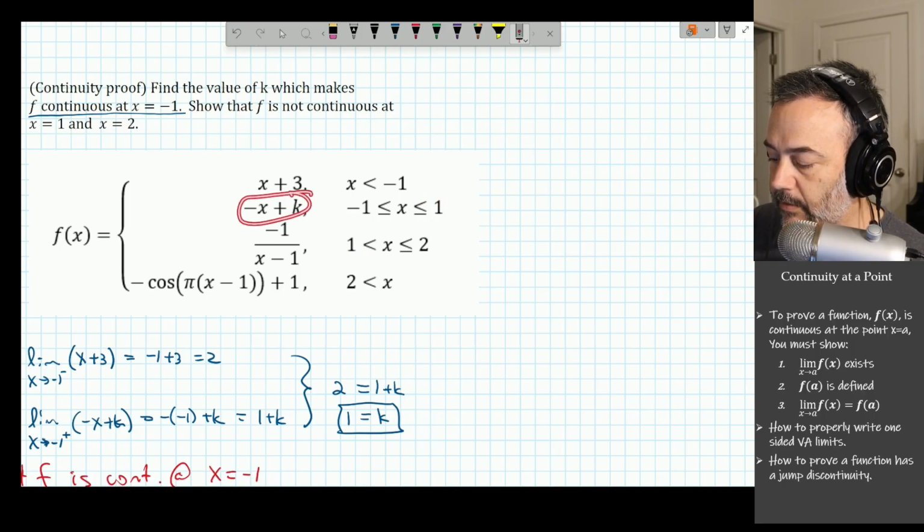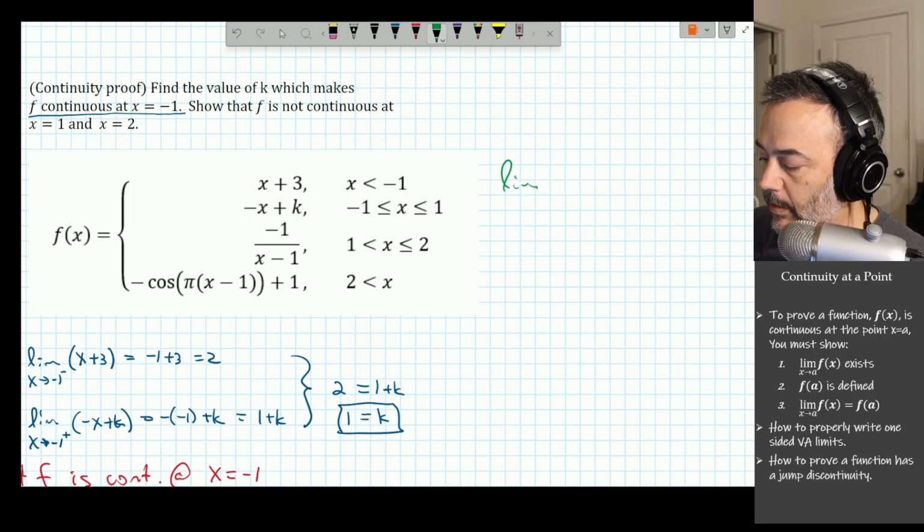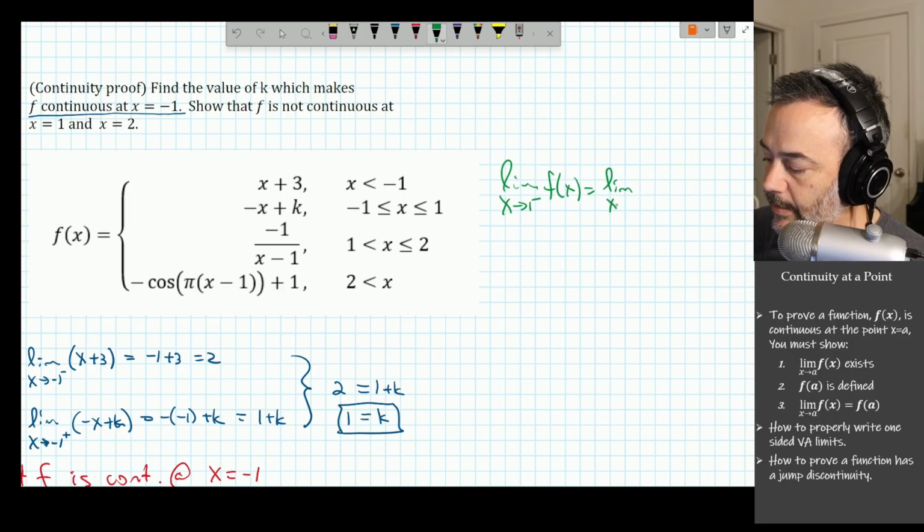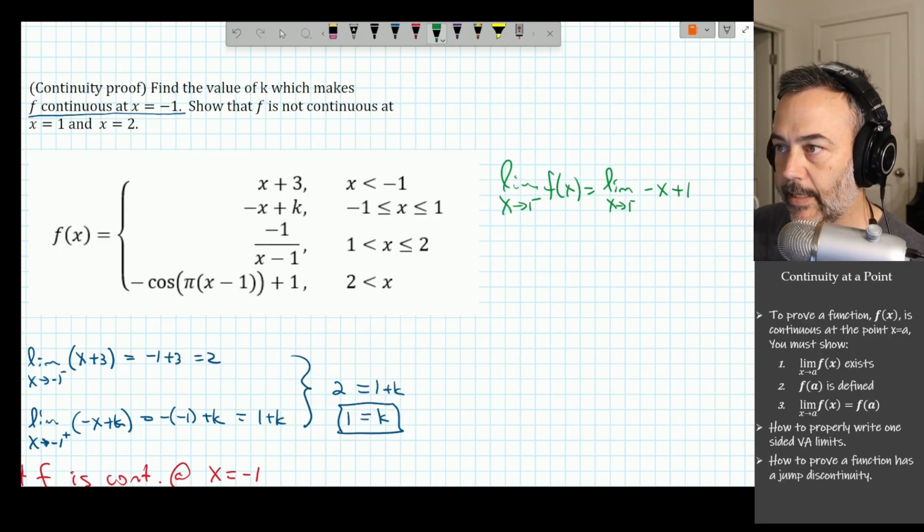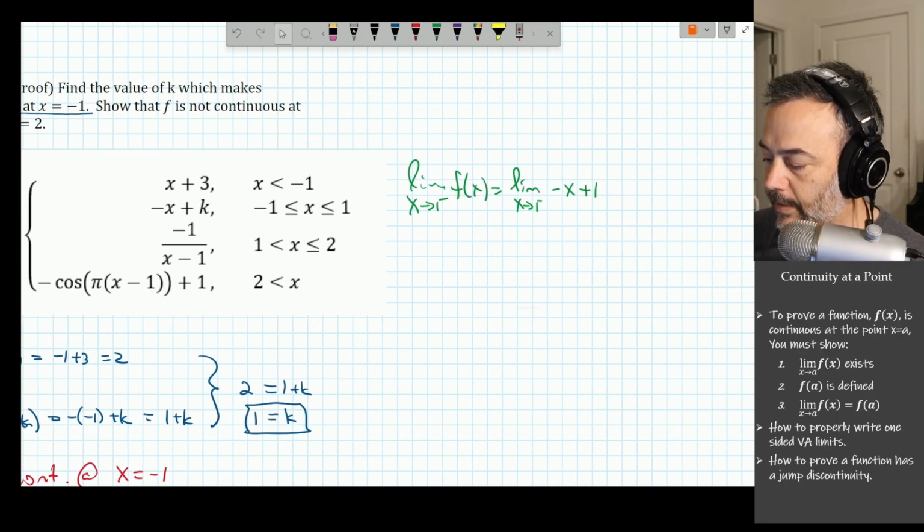So we're looking at this from the left and this from the right. I'll work in green. What is the limit as x goes to 1 from the left of f of x? Well, that is the limit as x goes to 1 from the left of -x plus k, but we know that k is 1 because we already found that. Well, what's that?